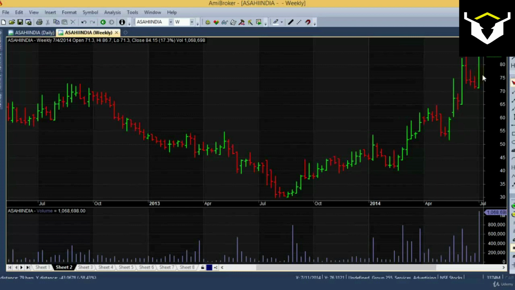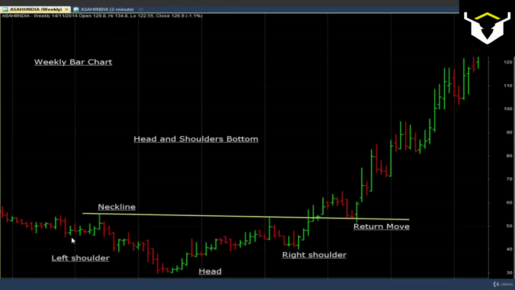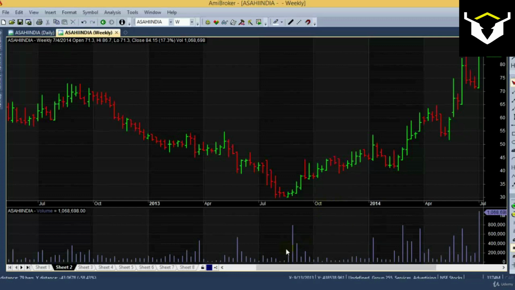So following is a weekly chart of Asha India. We already saw this chart in our previous slideshow. You can see here where I had clearly tagged the left shoulder, right shoulder, head, the neckline and the return move. Here, this chart is accompanied by volume and we will try to construct a head and shoulder pattern which is already there, but still we will see if all our rules qualify that this is indeed an inverse head and shoulder pattern.